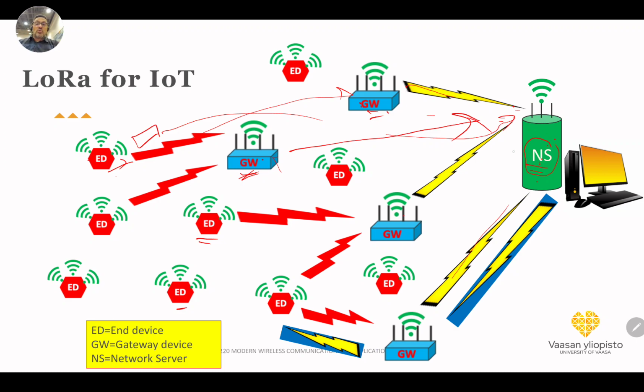Now the network server will select the gateway with the best signal-to-noise ratio. For example, if this gateway was the best one, then the network server will select it to reply back to the ED. This is the selection process, but in the decoding process the network server might use all received signals, for example using a rake receiver concept.